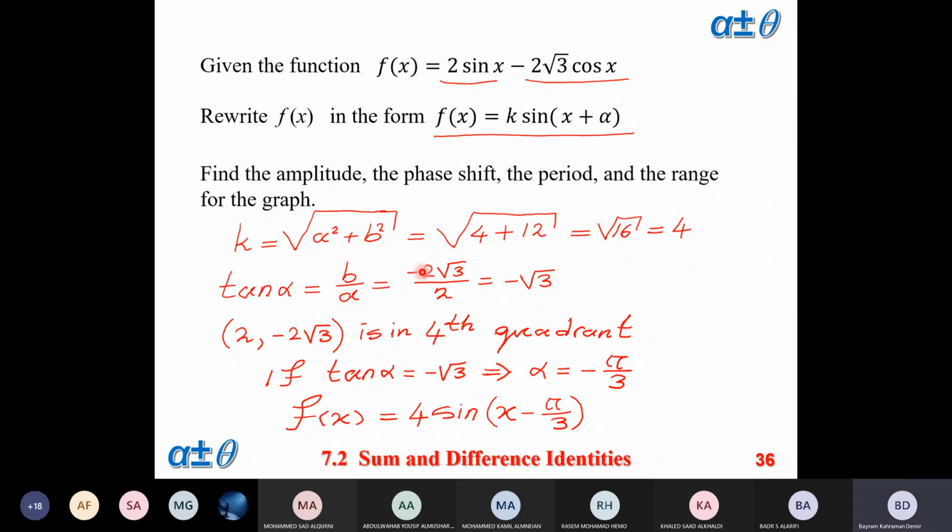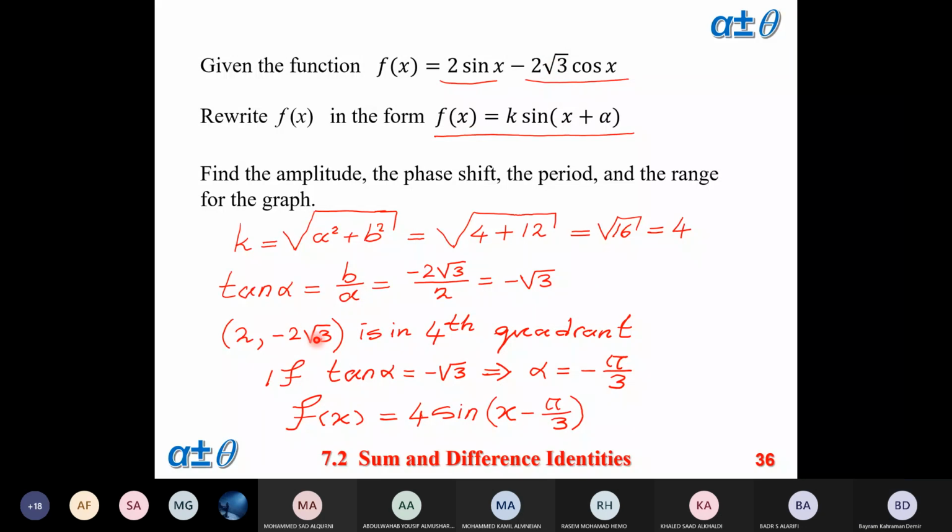Now, what was alpha about? Alpha is the angle such that the point (a, b) is on its terminal side. If you confuse a and b, you will get the wrong point. So make sure a comes from the sine function here, and b comes from the cosine function.